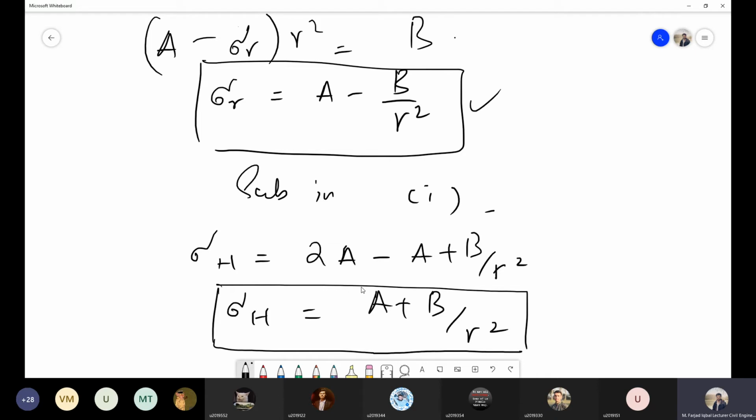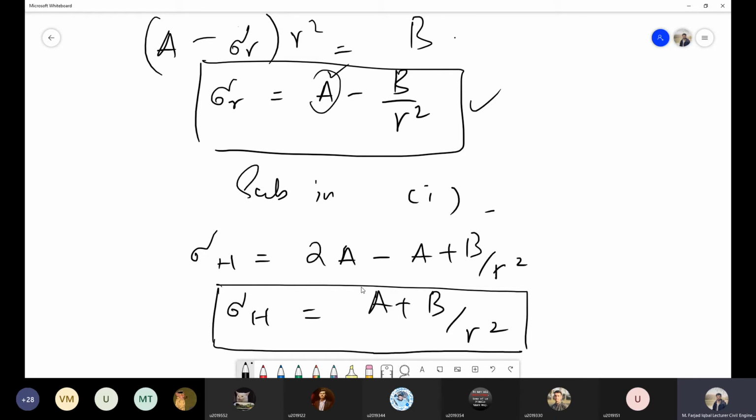Now in both of these equations, there are two constants a and b. In most of the literature, you will find these as your final equation for the calculation of hoop stress and the radial stress, but it is not always the case. The reason is that once you have these equations, you have to apply the boundary condition first to find out the values of these two constants a and b, and once you have the values, then you substitute into this equation to get the final answer.